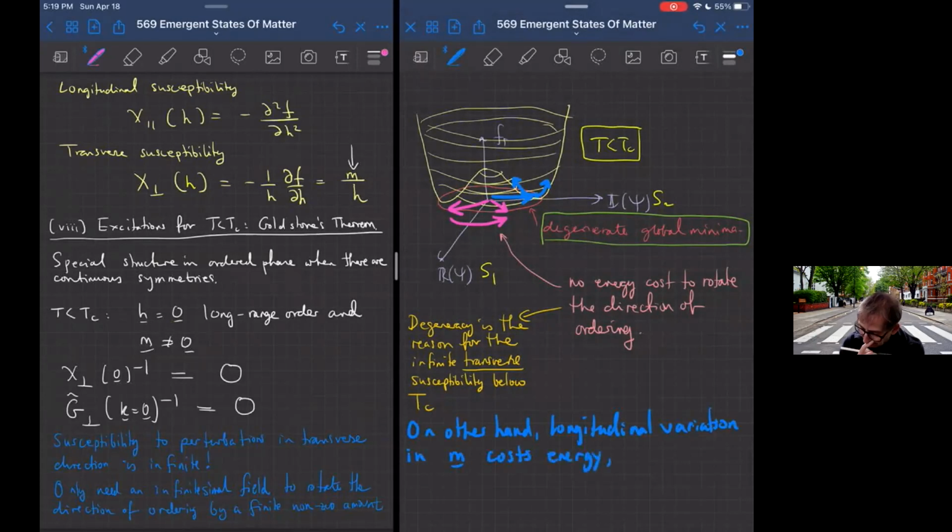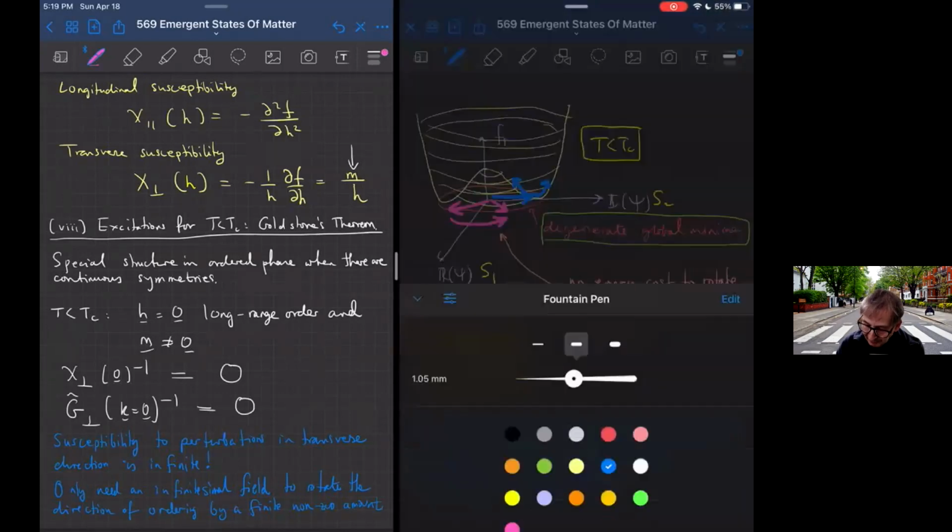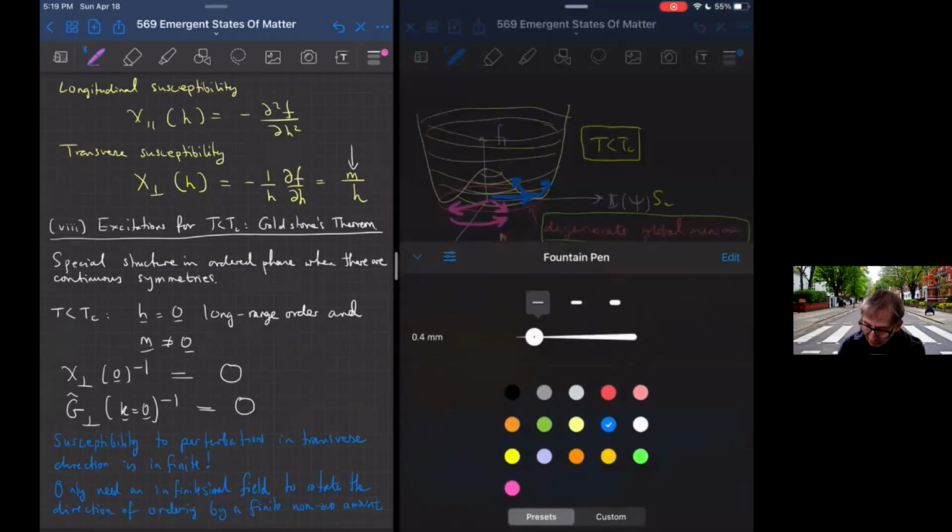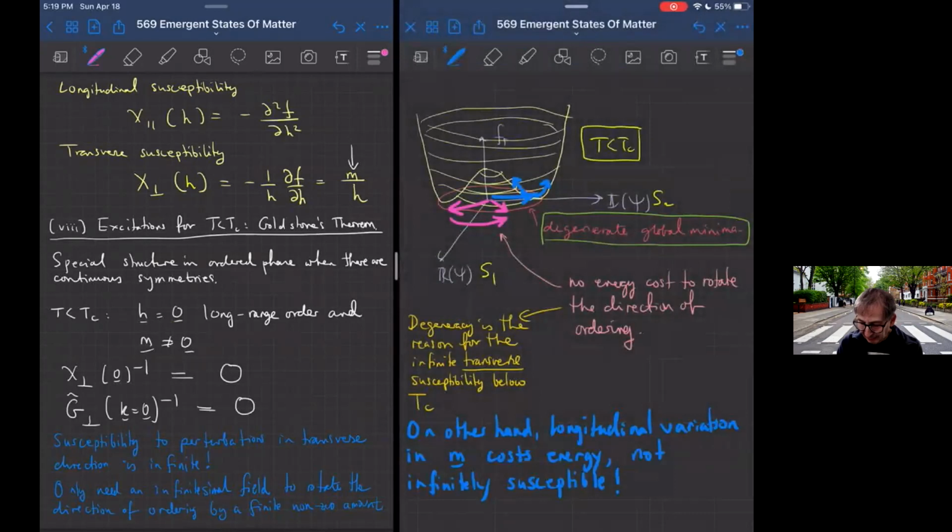And so it's not infinitely susceptible. So now we're seeing something very different between the longitudinal and the transverse fluctuations. They have a different character and a different effect on the response function.